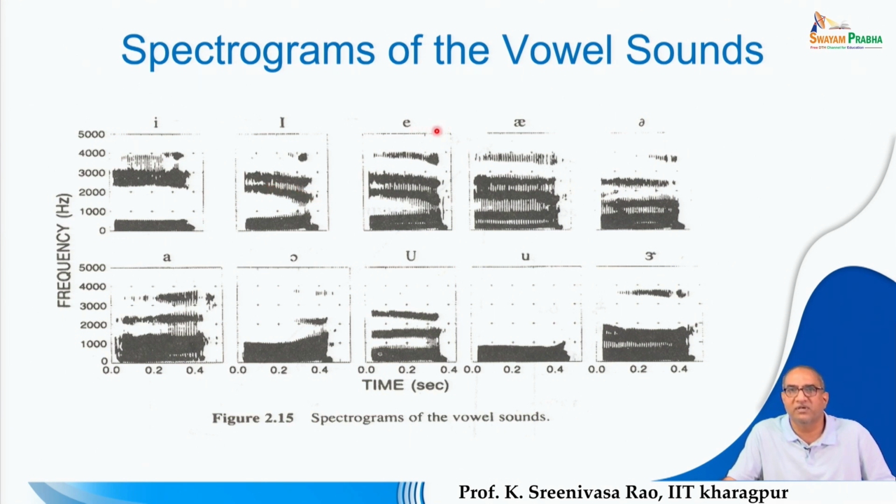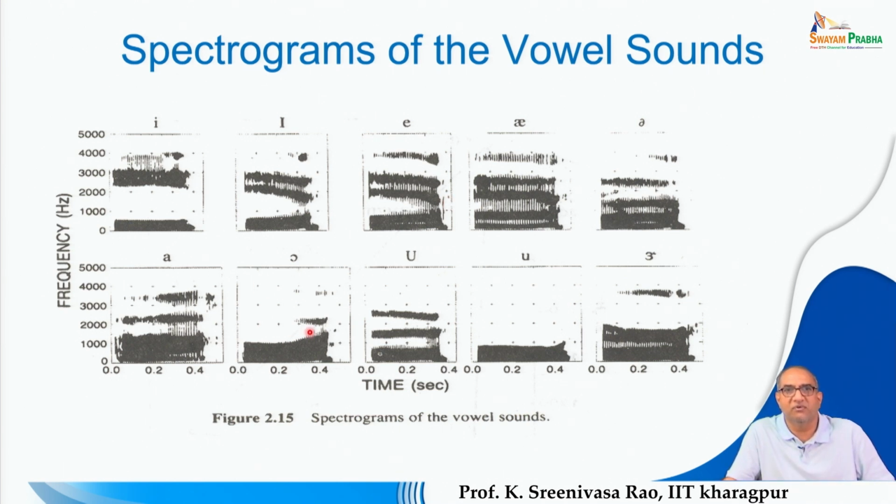Likewise for different vowels like A and A, at the beginning the formants are well separated, and then toward the end the higher formants move towards the lower formants.